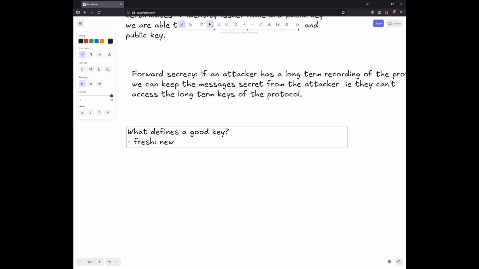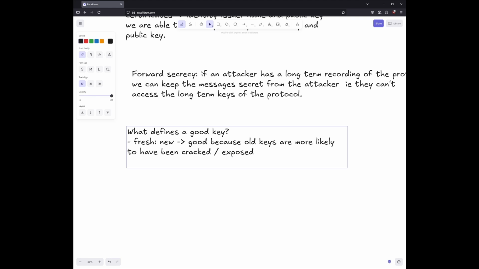This is good because old keys are more likely to have been cracked or exposed due to the time that has elapsed between that key and the current message, protocol, or transaction.